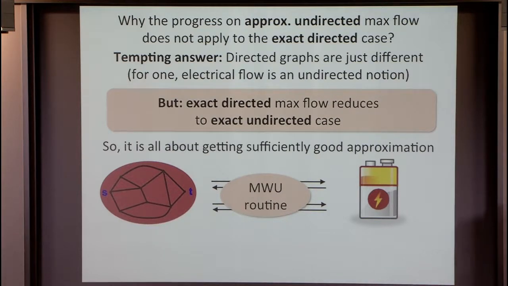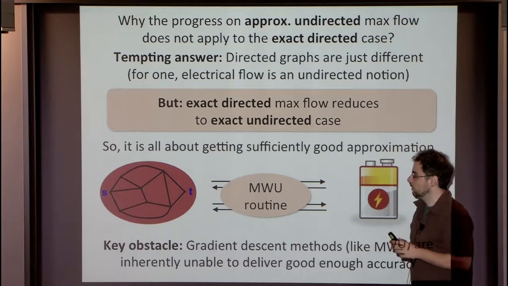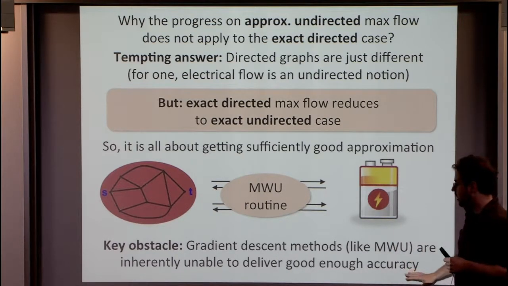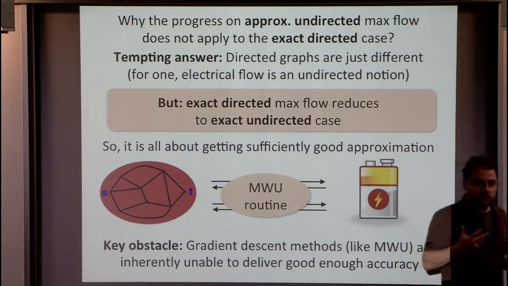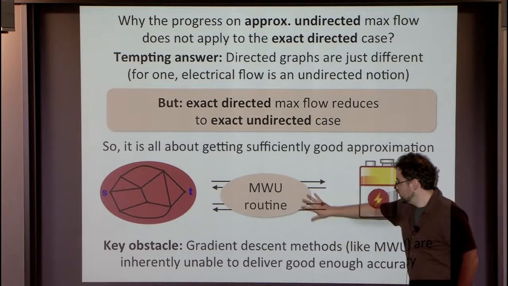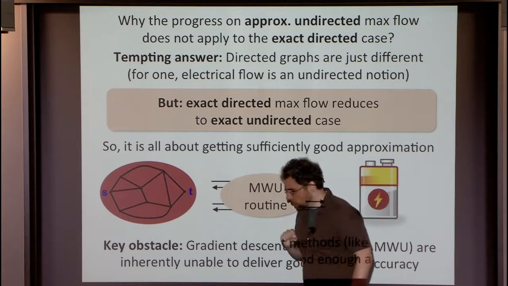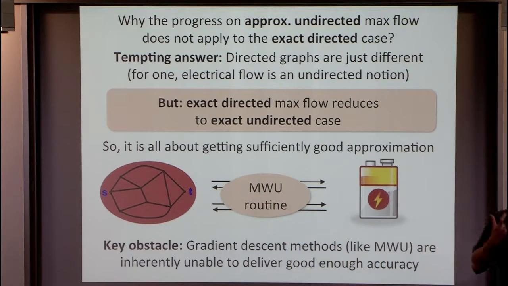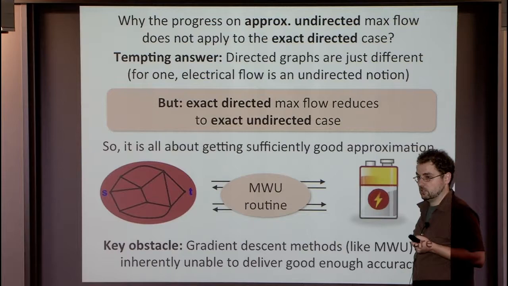Now, if you know that accuracy is the key bottleneck that you would like to get over, you realize that the multiplicative weights update method is a first order method. It is an instance of gradient descent, and it is understood that if you only look at first order methods and build your solution using them, then you have to have some polynomial dependence on 1/epsilon. There is no way around it.